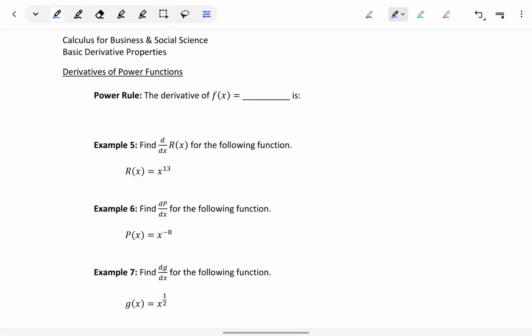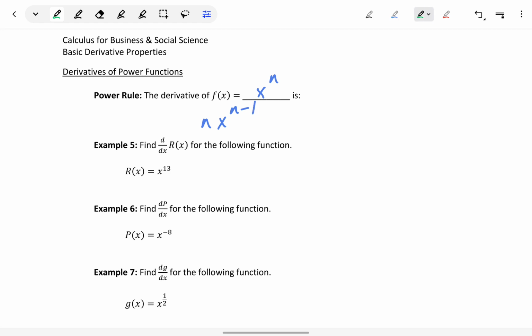We want to keep adding to our list of derivative properties that allow us to find derivatives of functions more quickly. And on this topic, we want to introduce our power rule, which tells us that the derivative of a function f of x, which is equal to x to the nth power, is n times x to the n minus 1.